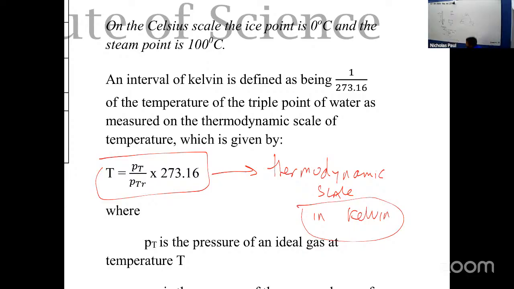So in order for us to find temperature on the thermodynamic scale, we need pressure at the unknown temperature, we need pressure at the triple point, and then you look down.